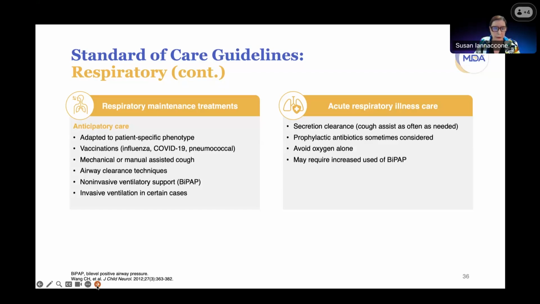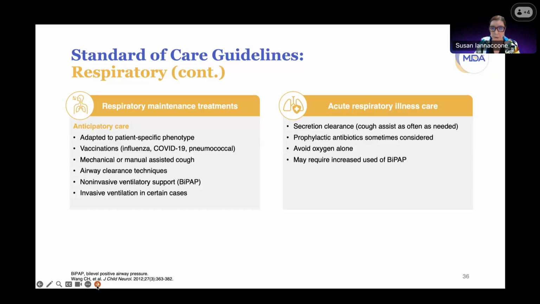There can be the use of manual assisted cough. More often we use a cough assist machine. This can be helpful in preventing infections, and there are other airway clearance techniques that we use. And again, BiPAP is very commonly needed in these patients and is prescribed on the basis of their lung function and results of sleep studies.